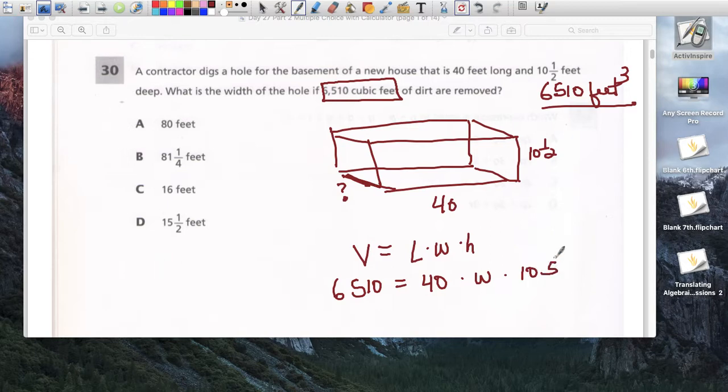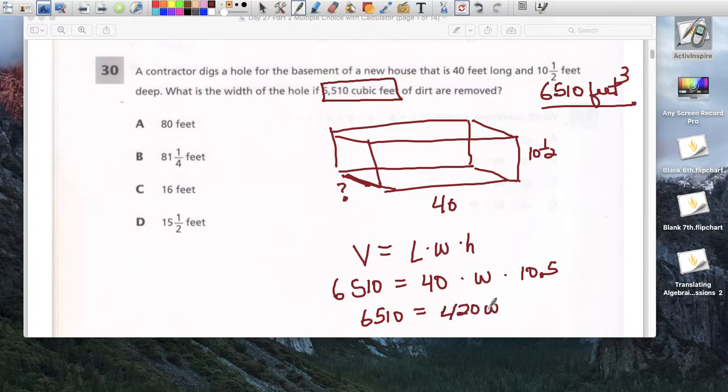Okay, so this becomes an equation. 6,510 equals 40 times W times 10.5. We can multiply the 40 times 10.5. That's going to give us 420. So 40 times 10.5 is 420.